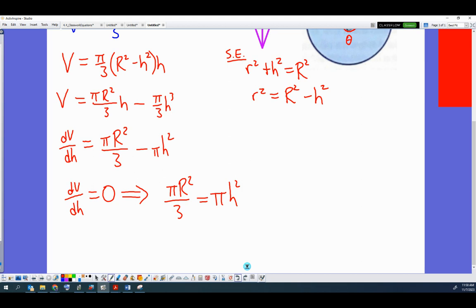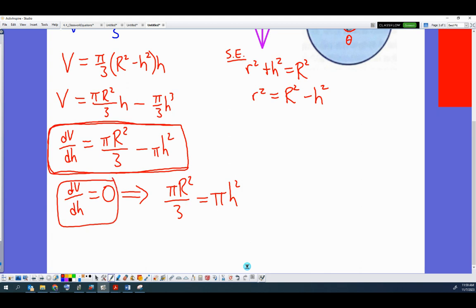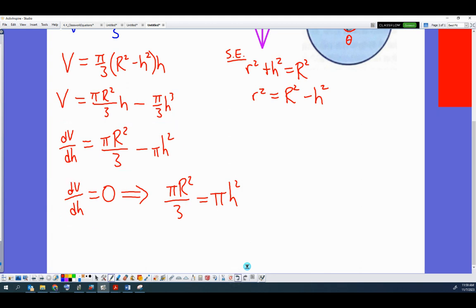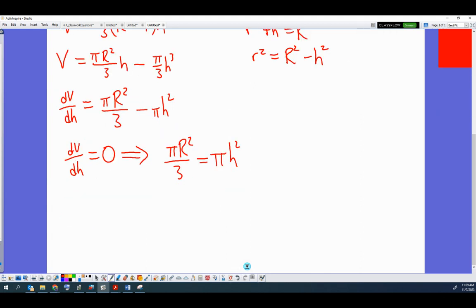If they're going to be looking for steps along the way, or in your calculus class, your calculus teacher, perhaps me, is looking for this clean derivative step, and they're looking for, are you setting the derivative equal to 0? Those are the things we want to see. And then, of course, go through and do the computations correctly. The pi's cancel out nicely. And we get h squared equals R squared over 3.